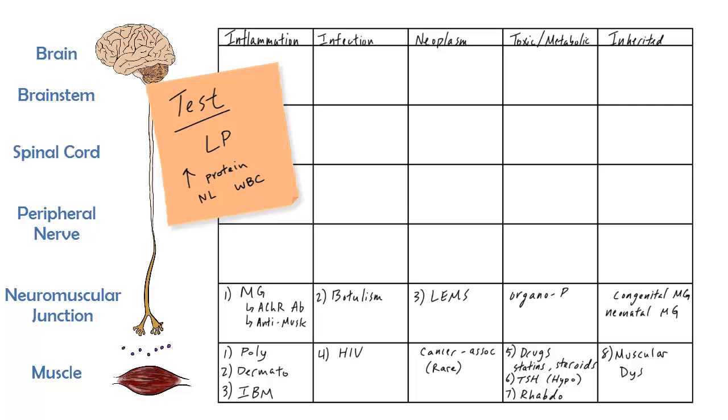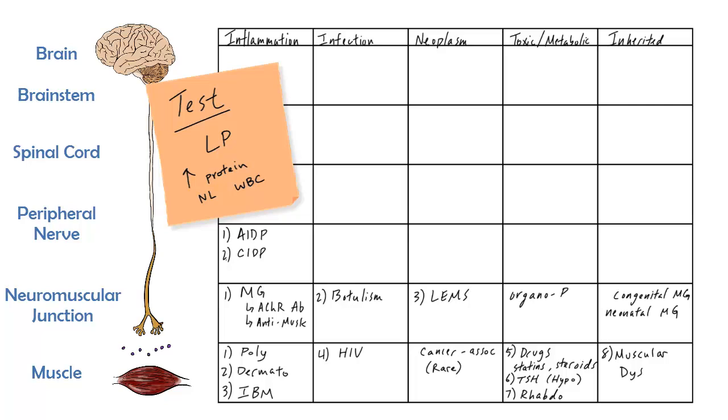If the presentation was within 4 to 8 weeks and does not persist beyond that, we call that AIDP, Guillain-Barré. If the symptoms progress beyond 8 weeks, we call that CIDP, an inflammatory nerve condition. Good. What about infections? What are some of the infections that affect the nerve?